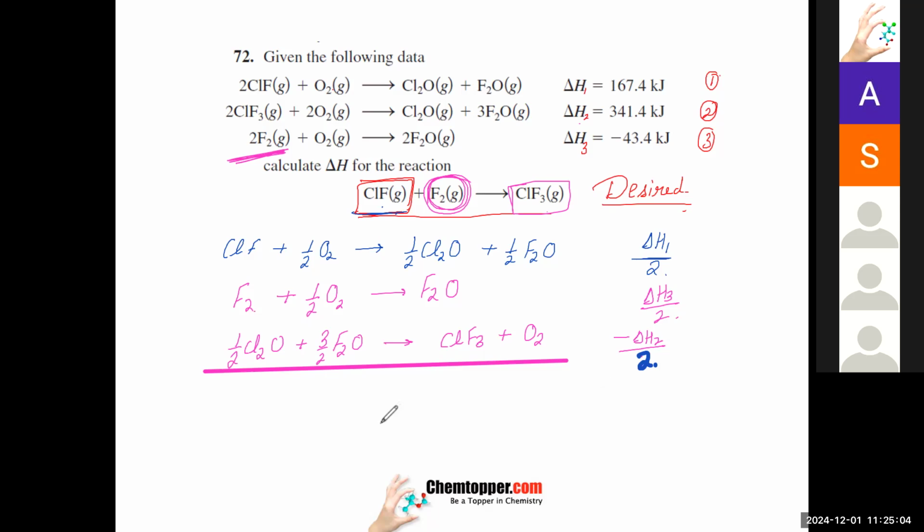Now, can you tell me what all cancelled out? Is this cancelled out? One on the reactant side, other on the product side, cancelled. Half O2 plus half O2 is 1 O2, right? And 1 O2 here, cancelled.